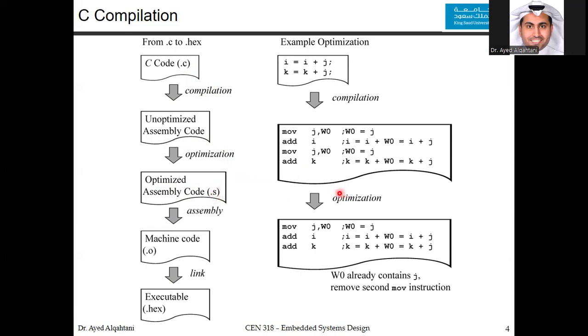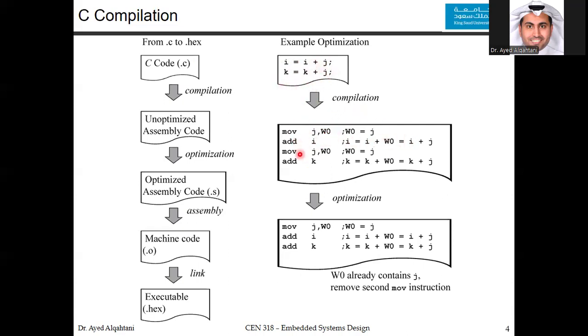To understand the difference between an optimized code and unoptimized code, here's an example. After compilation of those two statements, you have I, J, and K variables. For every statement, you have two instructions. You move the value of J to the working register, and then you do the addition.